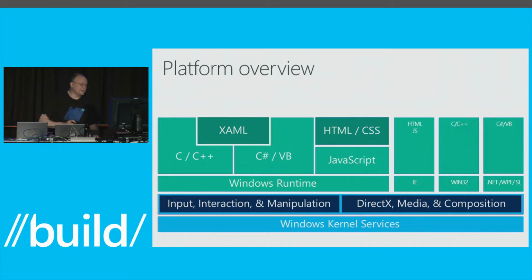And we have .NET and WPF and Silverlight with C# and VB. So a lot of the work that we've done, even over the last few years where we've been talking about touch-first experiences and better graphics performance, is actually in components that also benefit the desktop. And I want to make sure you're aware of what those are, because there are areas where there are some clear calls to action for desktop developers.